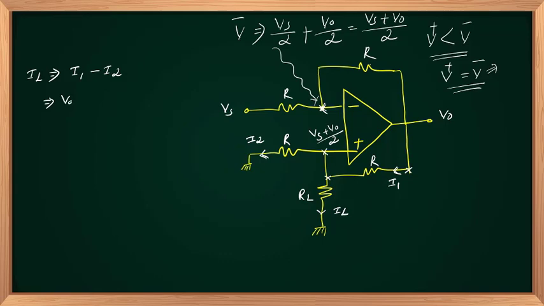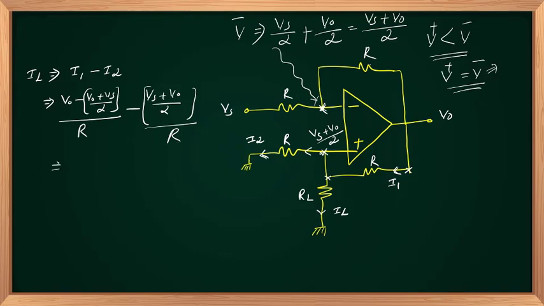So V out minus (V out plus Vs) upon 2, divided by R, minus the second term, I2, which is nothing but this current: Vs plus V out by 2 minus 0, by R. So (Vs plus V out) by 2 divided by R.